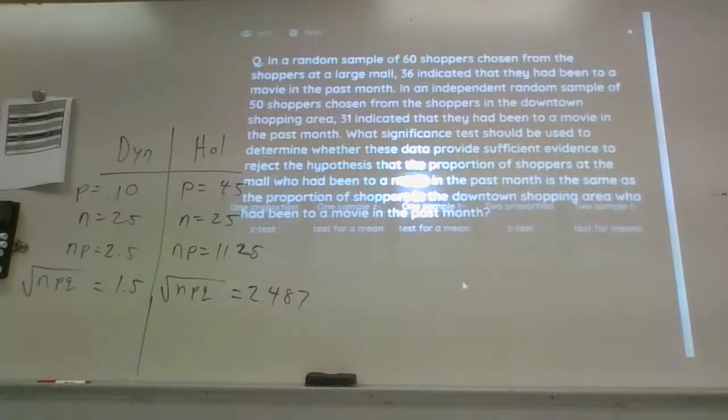What significance test should be used to determine whether these data provide sufficient evidence to reject the null hypothesis that the proportion of shoppers at the mall who had been to a movie in the past month is the same as the proportion of shoppers in the downtown shopping area who had been to a movie in the past month? So, which test?